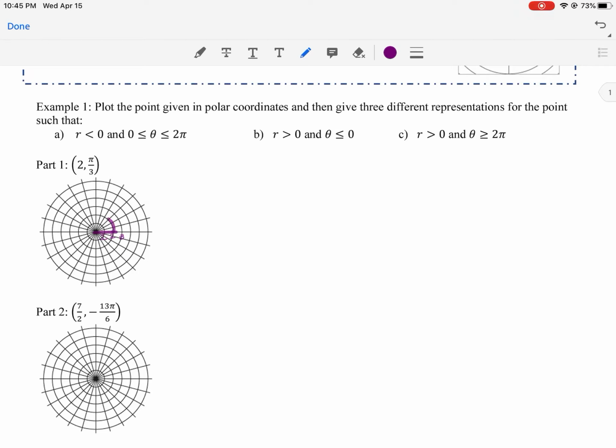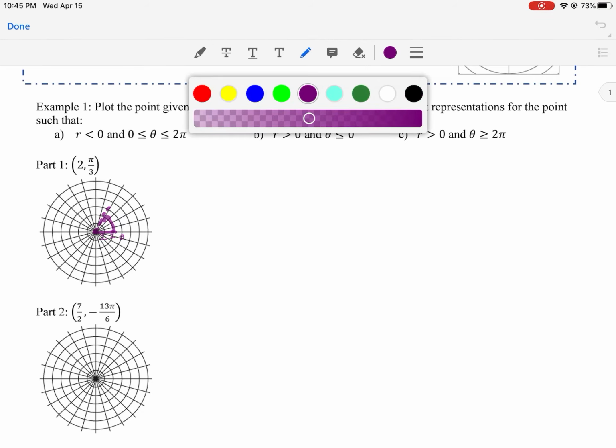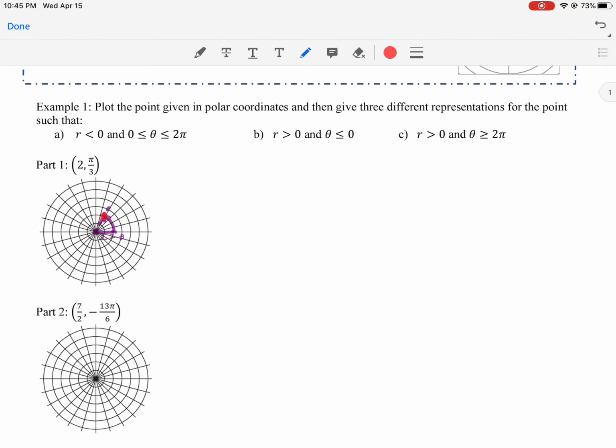And it's going all the way up to here. Okay, so it's going along this line here. And then we're talking specifically just about this point right here.